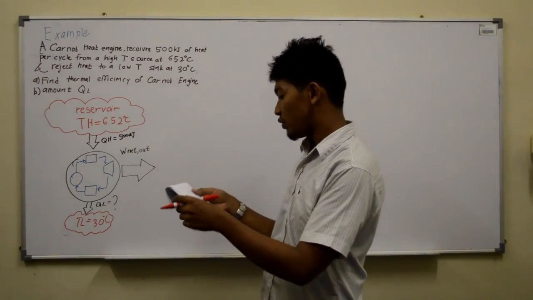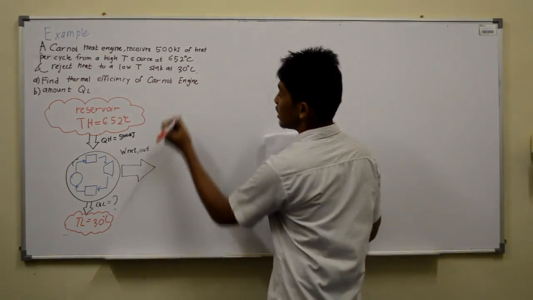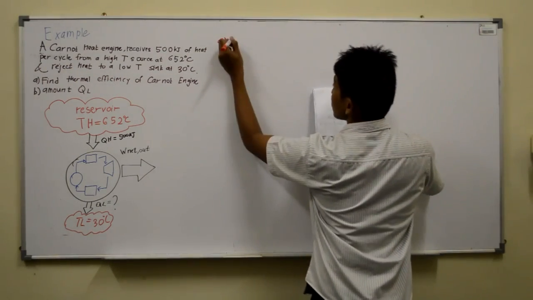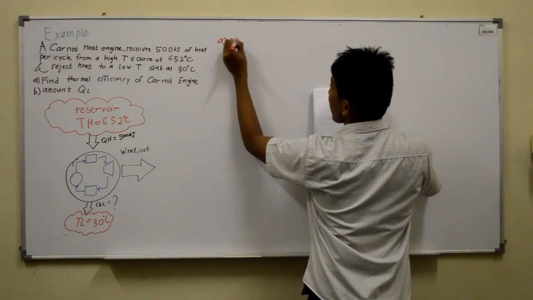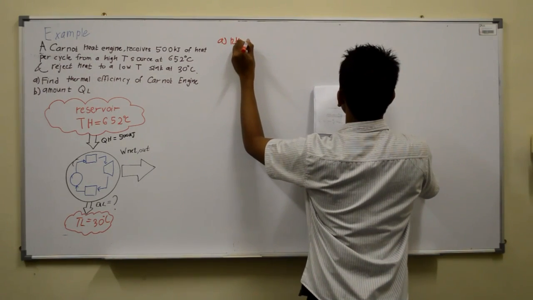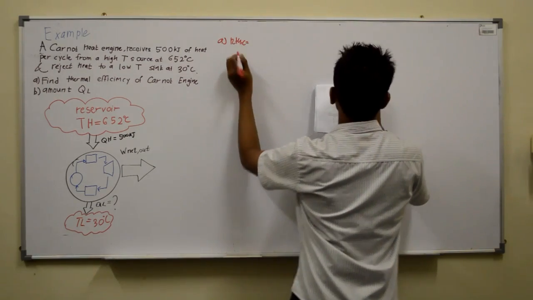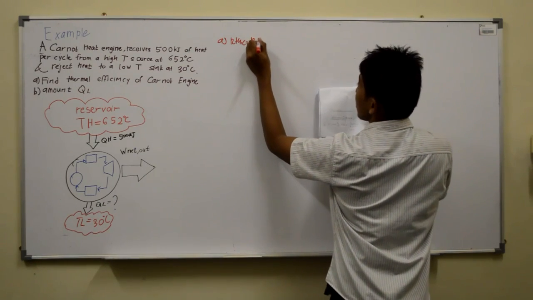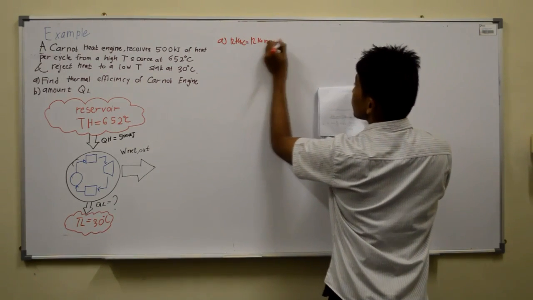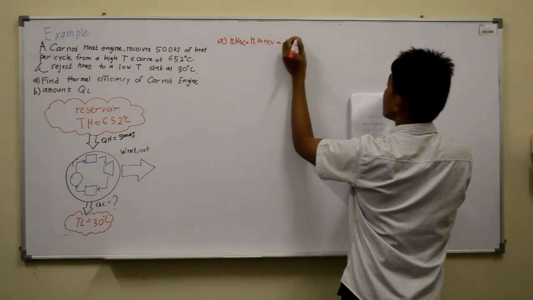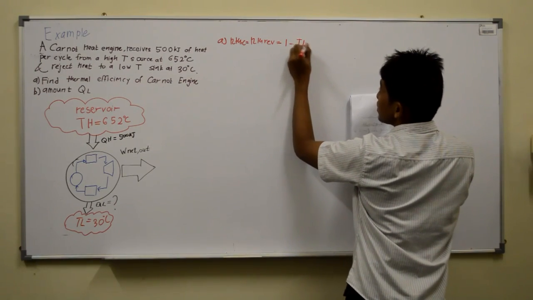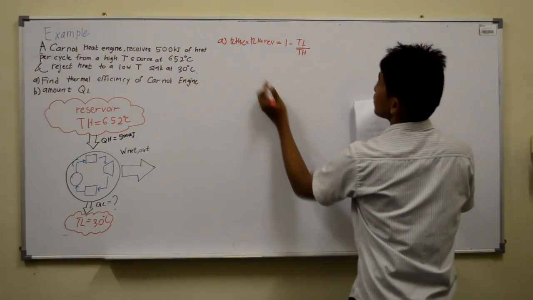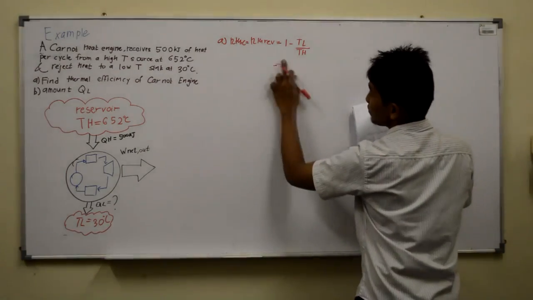From the formula of thermal efficiency, since this is a reversible condition, the thermal efficiency is equal to 1 minus lower temperature divided by higher temperature, and then we can substitute directly.